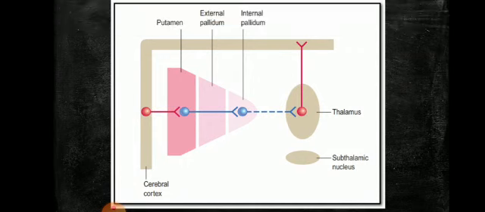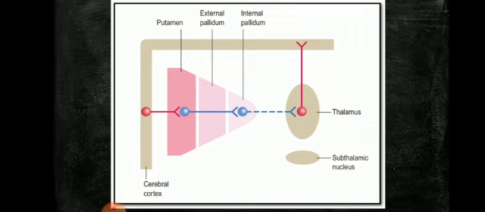In this direct pathway, what is marked in red are the neurons which released the neurotransmitter glutamate, and the blue color neurons are the GABAergic neurons, which released the inhibitory neurotransmitter GABA, or substance P. So this is the direct pathway of the basal ganglia. We had studied both the direct and the indirect pathway.